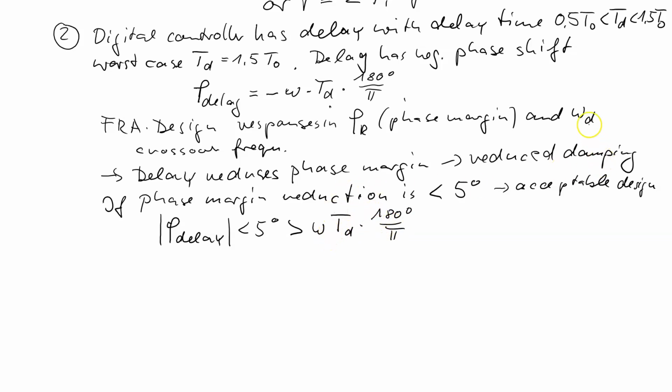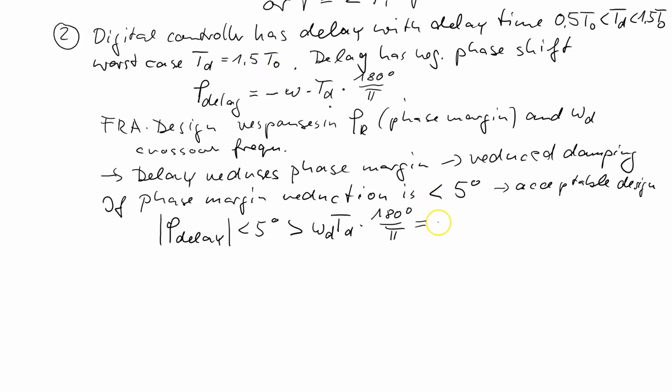Now the radian frequency is our crossover frequency, and we replace the delay time with our digital controller sampling time value.